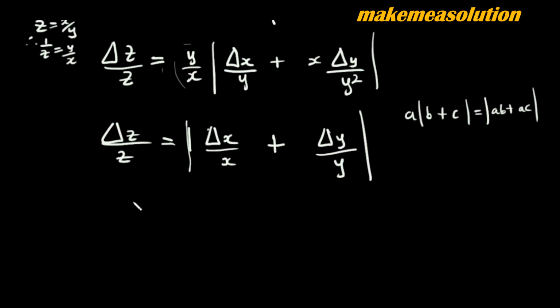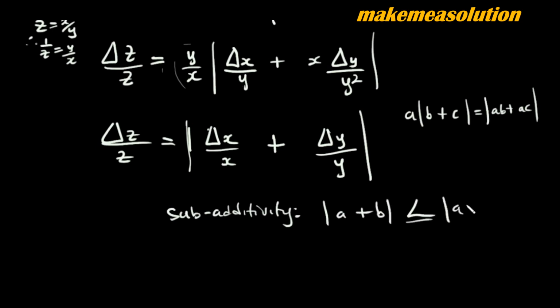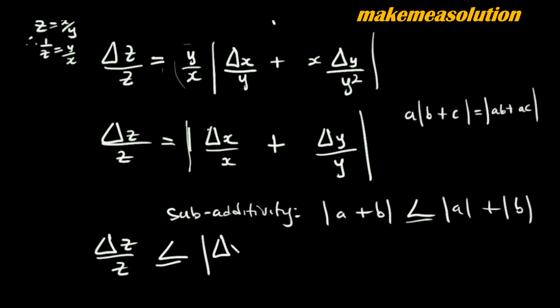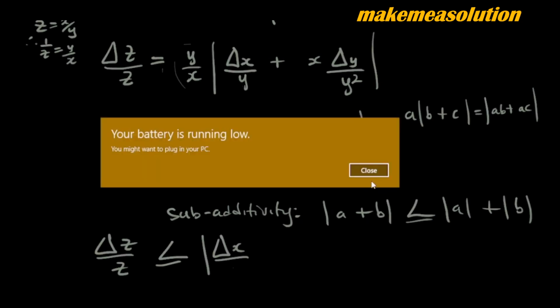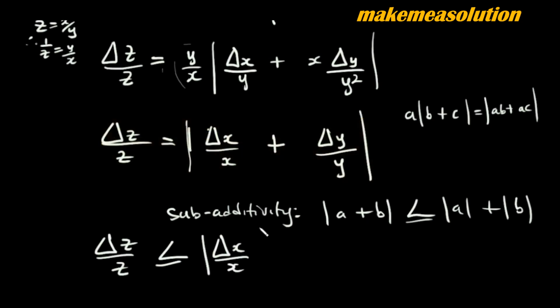Then you have to remember the subadditivity of absolute values. It states that when you have the absolute value of a plus b, it's less than or equal to the absolute value of a plus the absolute value of b. So delta z over z will now be less than or equal to the absolute value of delta x over x, plus the absolute value of delta y over y.